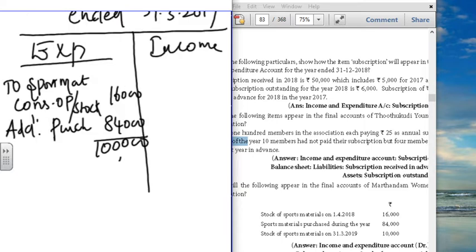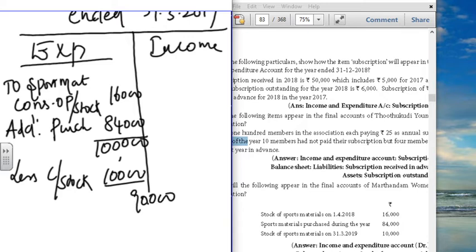Next, what you have to do is less closing stock of sports material 10,000. So your answer in the outer column is 90,000. I think you are very clear. It's a simple problem. It is usually asked in the 3 marks question.